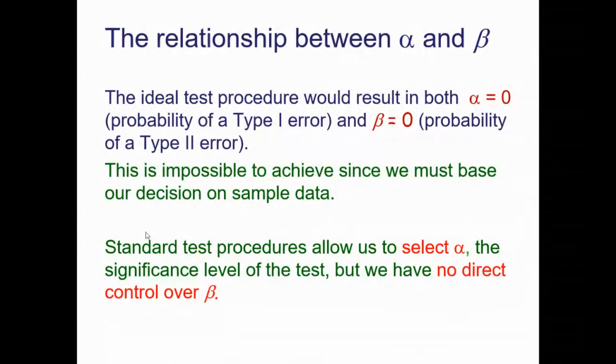So beta is our probability of a type 2 error. We can control alpha, but we can't control beta.